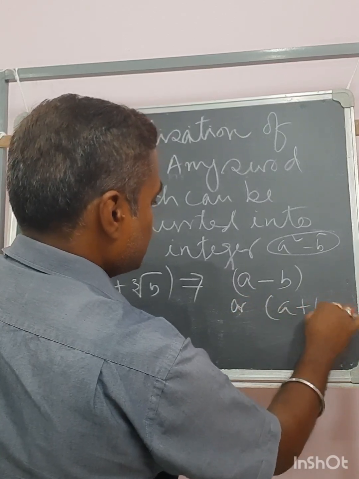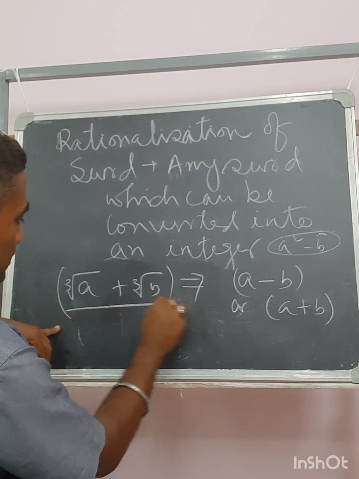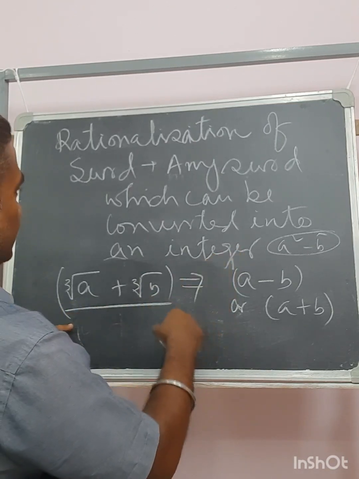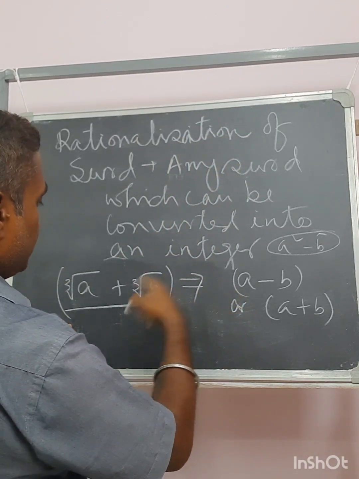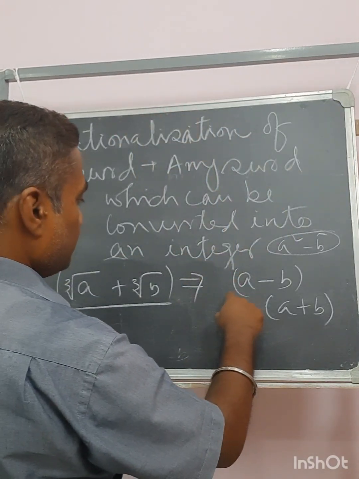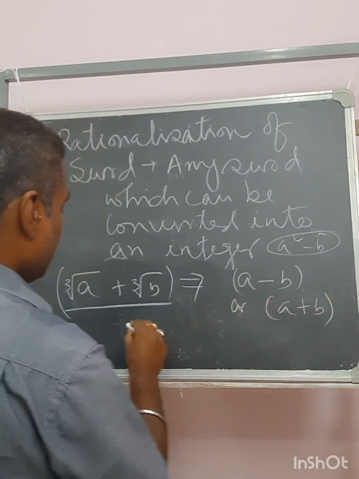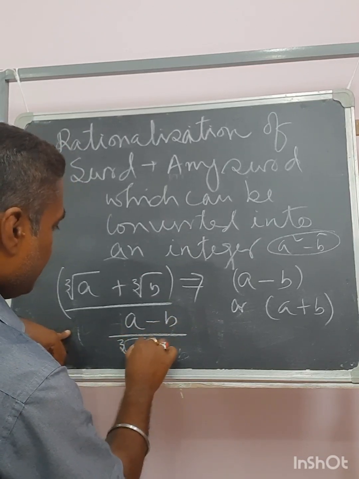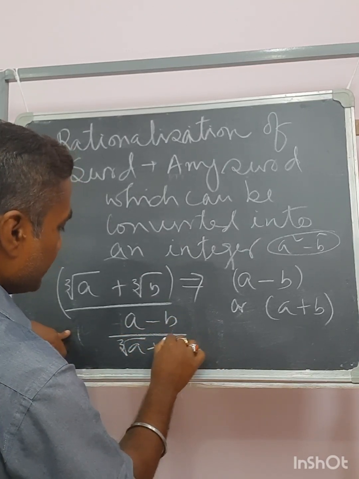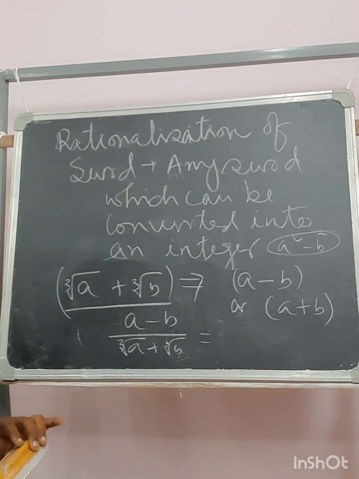Assuming either of these two terms, I will get the multiplication factor, meaning the rationalization factor. So rather than thinking of that term, I think of the nearest integer, that means a minus b or a plus b, and I divide it by this term, cube root of a plus cube root of b. So this will give you the result, and that would be the rationalization factor for this.